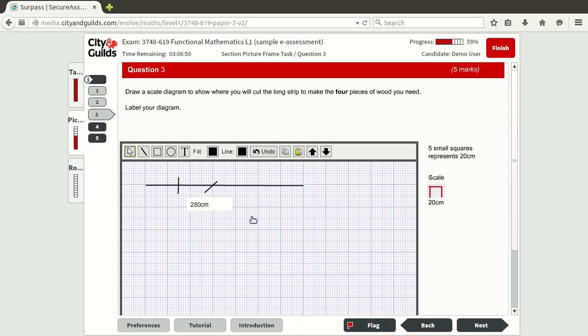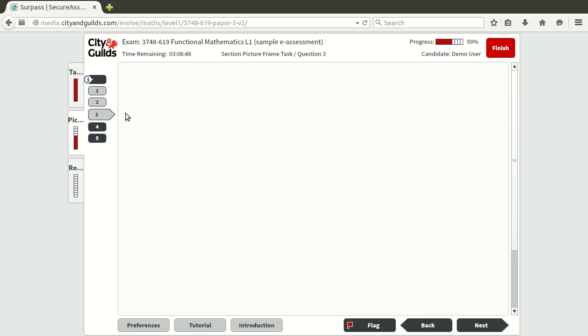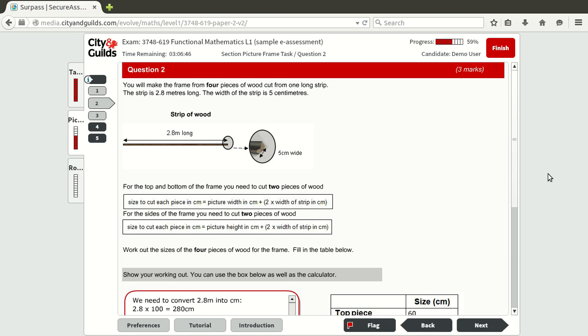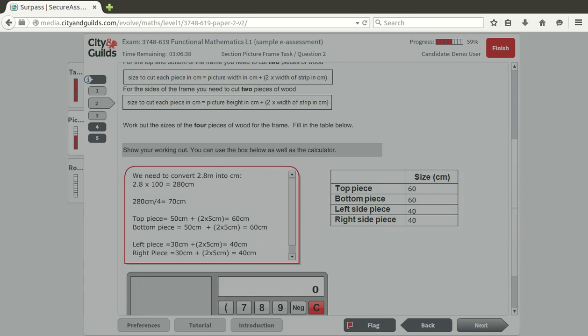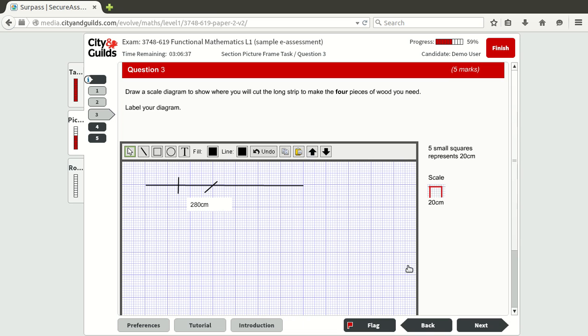Now what do I need? I need my left and right. I need 40 centimeters, 40. So I'm going back to my next question. I know that 2 of these boxes is 40 centimeters. So I can cut. So that's 20 and 40.